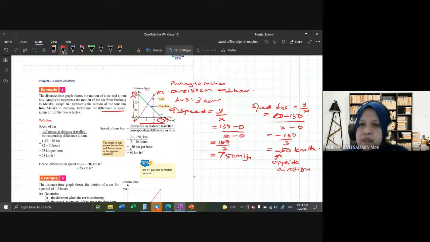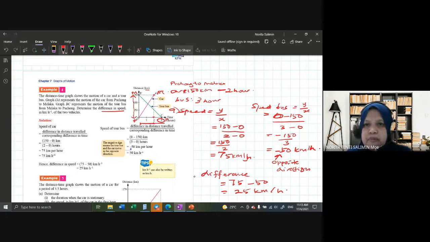Okay, opposite direction. So the question: determine the difference in speed. What is the difference? The difference of the speed is 75 minus 50, which is 25 kilometers per hour. This is the speed for the car and this is the speed for the bus.